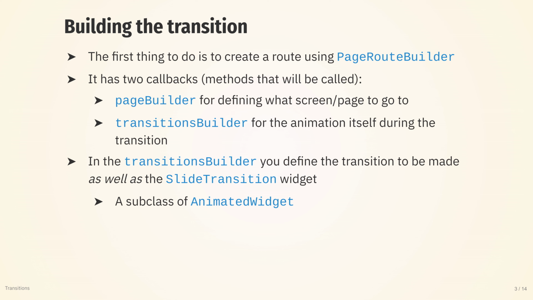In this transition builder you define how to do it, as well as having the slide transition widget, which is a subclass of animated widget. Alright, let's have a look.